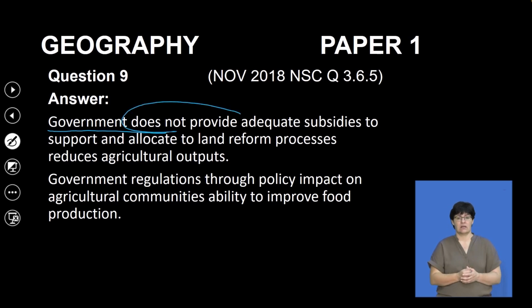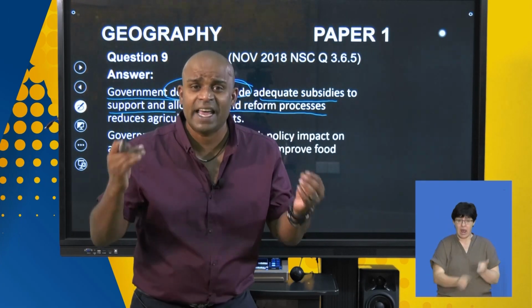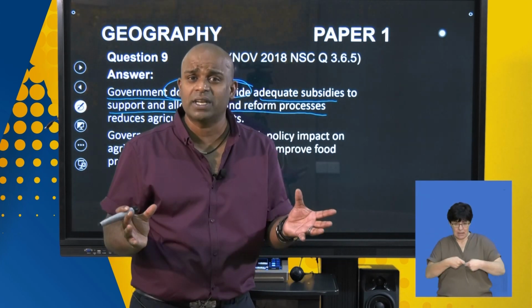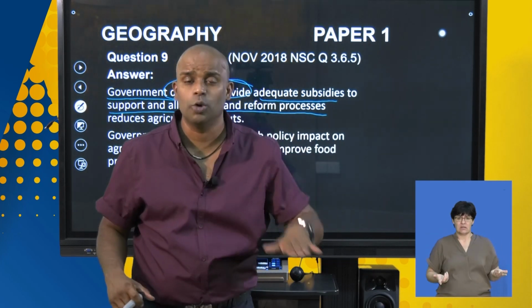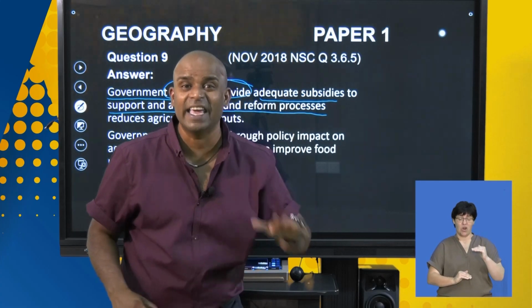Government does not provide adequate subsidies to support and allocate to land reform processes. A very important process that is happening in our country is land reform. Now, if government is not subsidizing it adequately, what happens? Lowers food production, lowers our food security index.